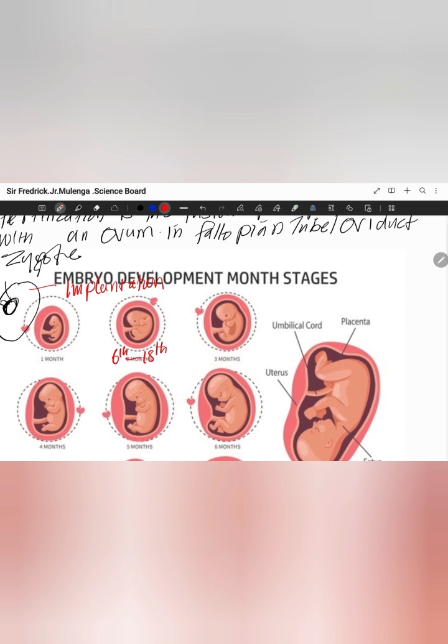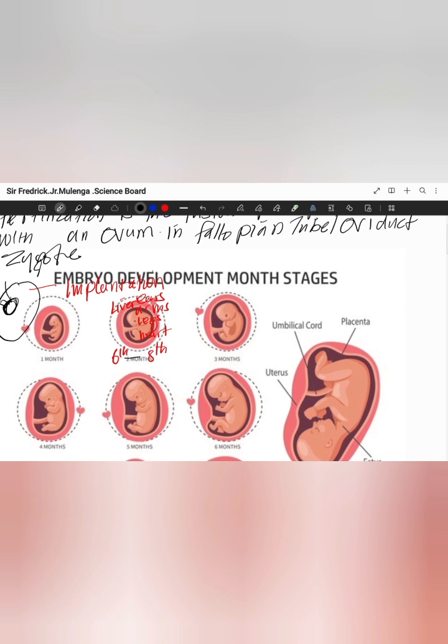Some of the noticeable developments, don't forget: ears, arms, legs, heart, and the liver formed. These are some of the noticeable developments that you could see in the 6th to 8th week. Rather, in months, it's the second month.